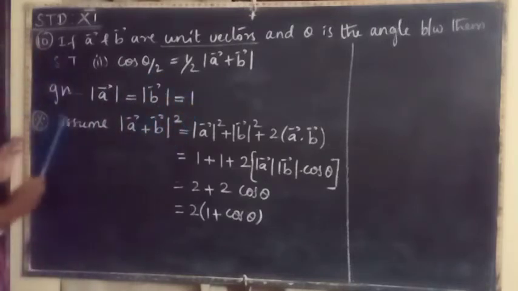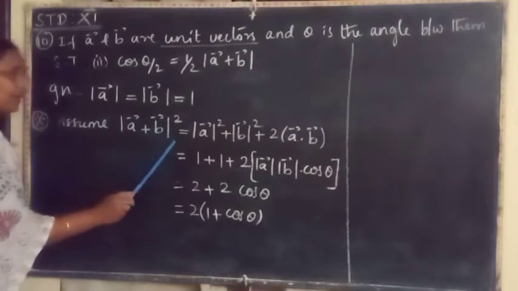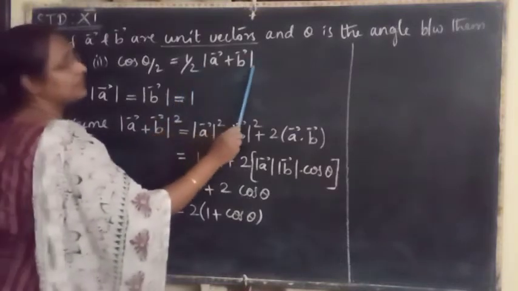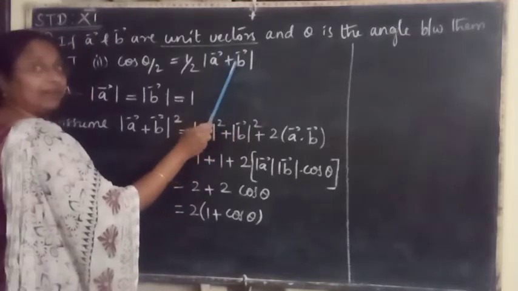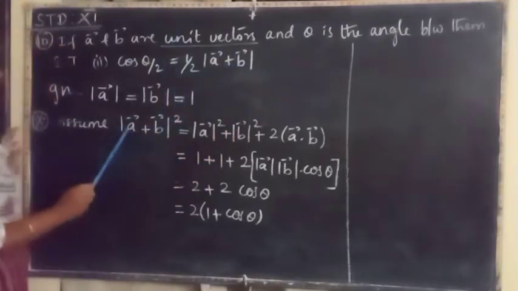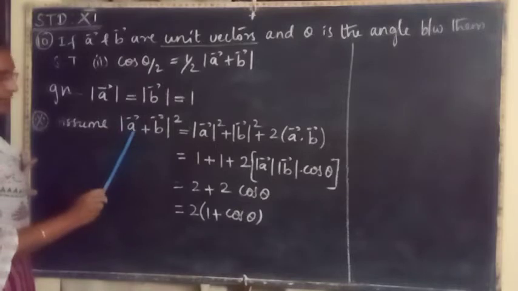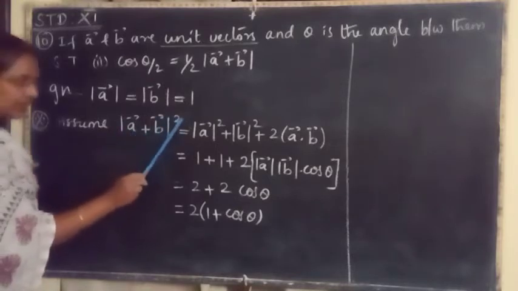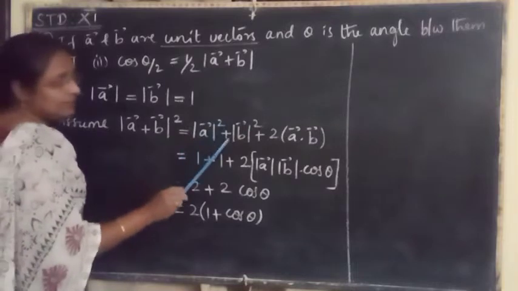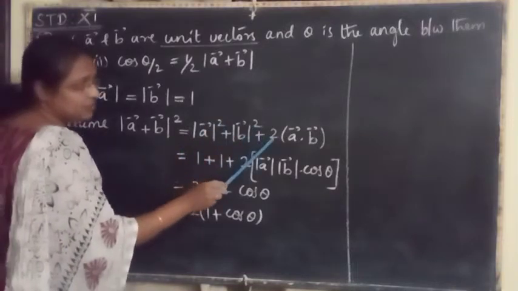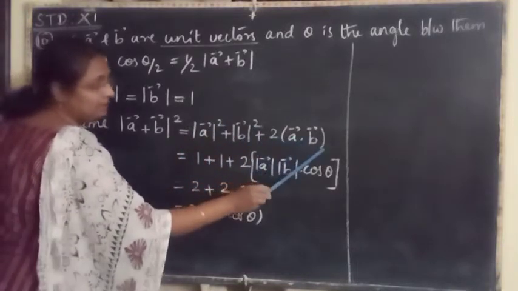Now as I told you, this is going to be a very important keyword. We have it from the clue where modulus of A vector plus B vector has a plus, isn't it? So now we assume modulus of A vector plus B vector the whole square will become modulus of A vector the whole square plus modulus of B the whole square plus 2 into A vector dot B vector.